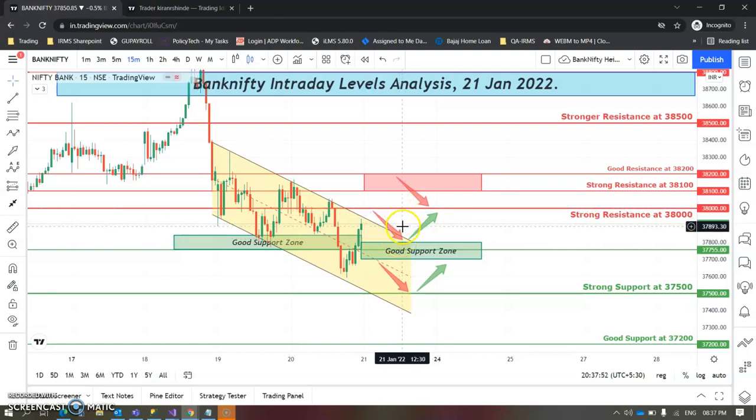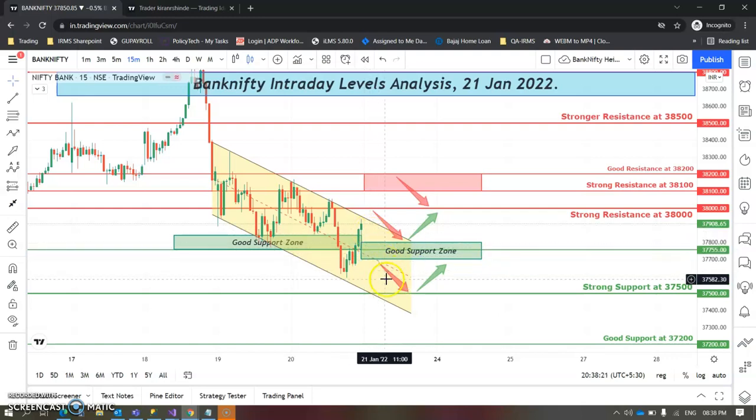The writers would create one more strong level of resistance at this particular level. So the next resistance level would be around 37,900 you can take. This swing lows level would act as a resistance level if the market opens gap down.